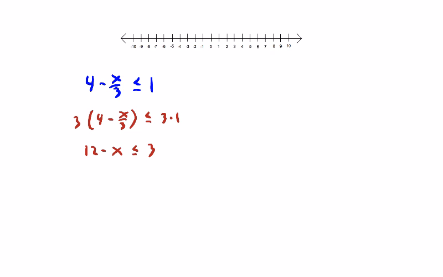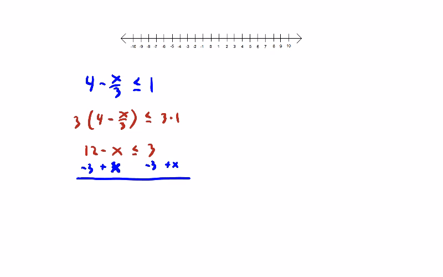At this point, there are two ways to approach the problem. Method 1 involves not using multiplication. I could add x to both sides and subtract 3 from both sides. Since I did not do any multiplication, I should not be switching any inequalities.